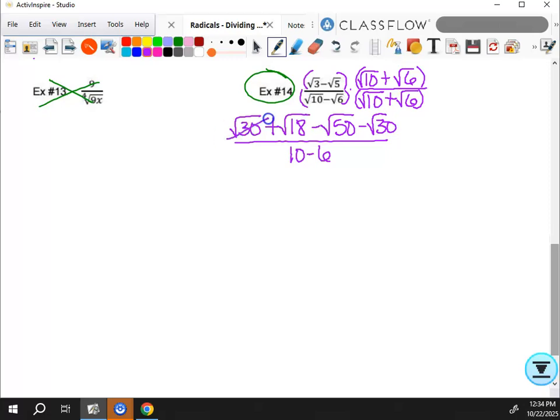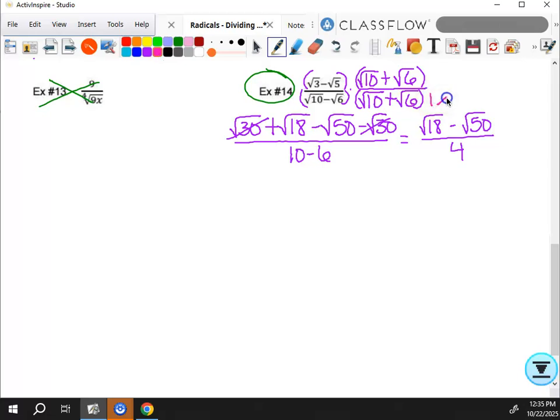These two zero out. In the numerator, I cannot combine the square root of 18 and square root of 50. That's like x and y. So I get the square root of 18 minus the square root of 50 over 4. Okay, but I then have to try to simplify these.